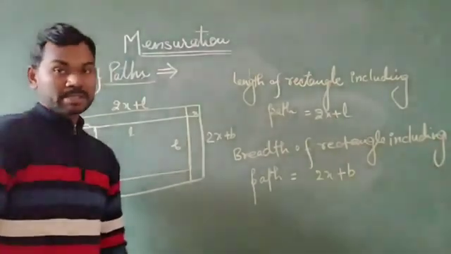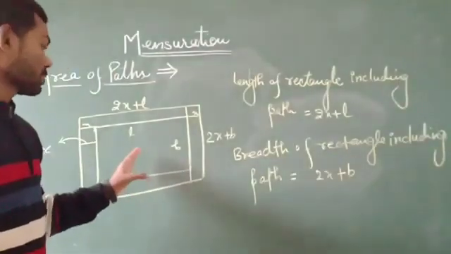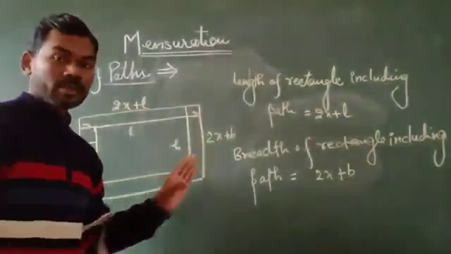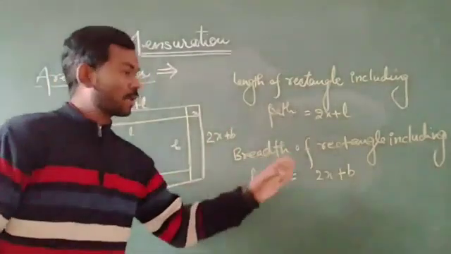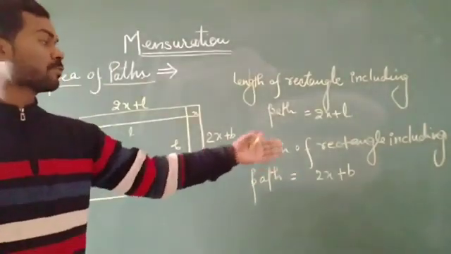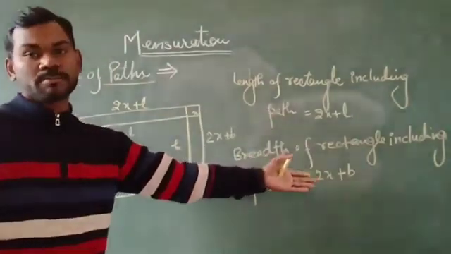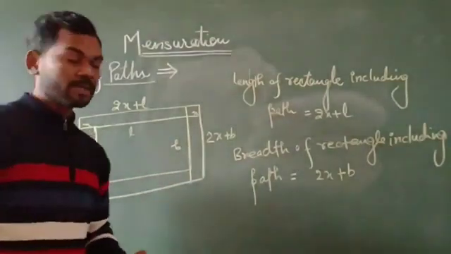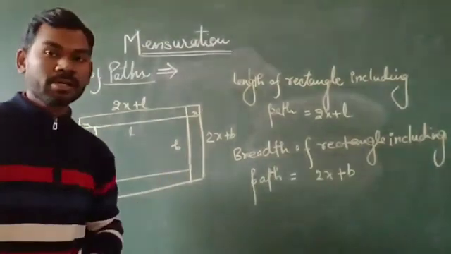Similarly, the dimensions of the smaller rectangle are L and b. So we can find out the area of the rectangle including path with the help of the dimensions 2x plus L and 2x plus b, and we can also find out the area of the rectangle having the dimensions L and b.